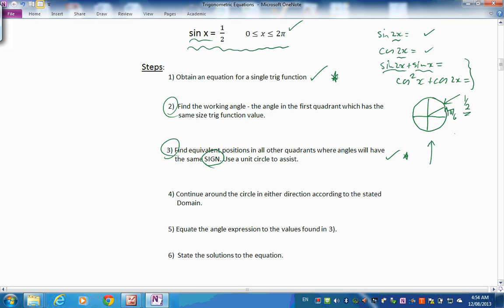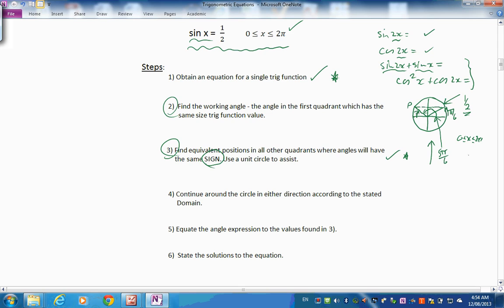Now we want all the angles on one revolution from 0 to 2 pi which have a sine of positive a half. Where's the next quadrant where the sine is a half? It's that one. So we've got to create our angle back there, having congruent triangles so they have the same sine. Remember the sine is the y value of that point rotating around the unit circle, so this angle would be 5 pi on 6.